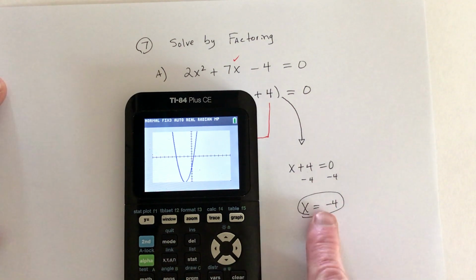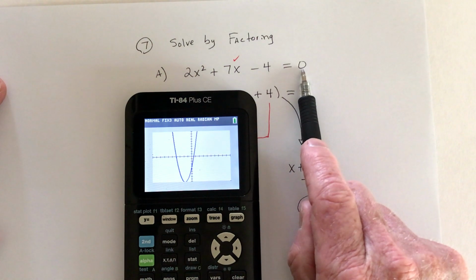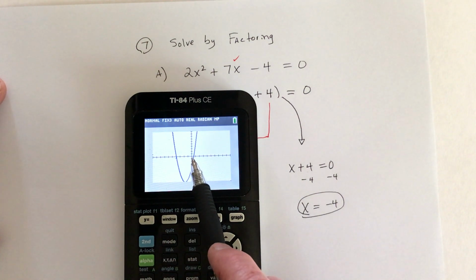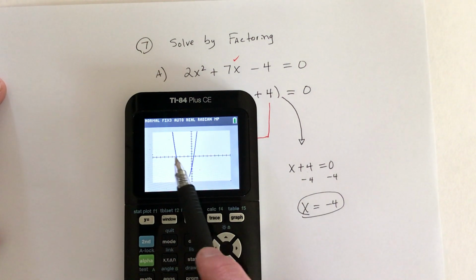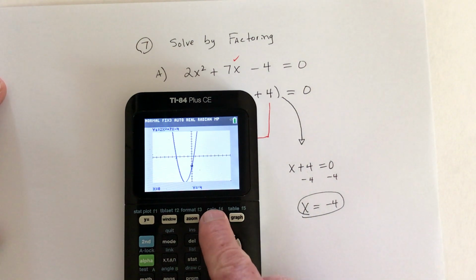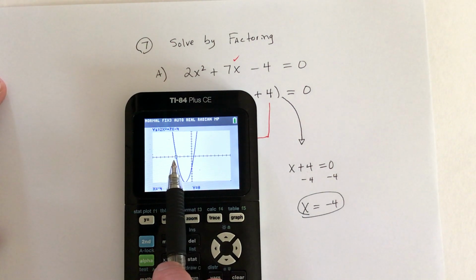Okay, now I need to check, is this x equals -4 correct? Well, this was saying when does the function equal 0, and there's two places, right here when it crosses the x-axis, and right here when it crosses the x-axis. I'm thinking this one is -4, so let me try. So you just go to trace and put -4, and hit enter, and it should say y equals 0, and it should show you that is where it's crossing the x-axis.